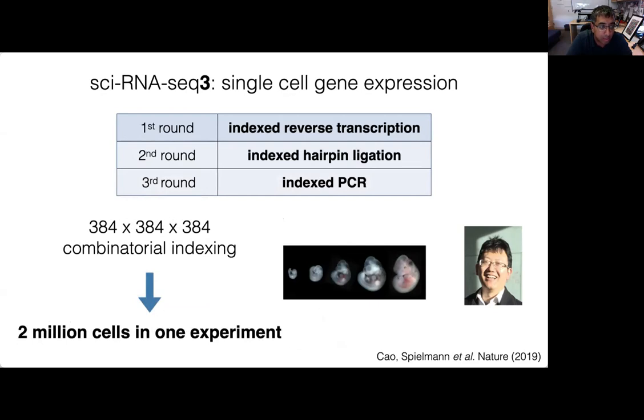With 3 levels, 384 wells in each of these rounds of indexing, one can theoretically encode as many as 50 million different combinations of barcodes. And so Jun was able to profile 2 million cells in a single experiment that he sat down and did himself over the course of a week or so.